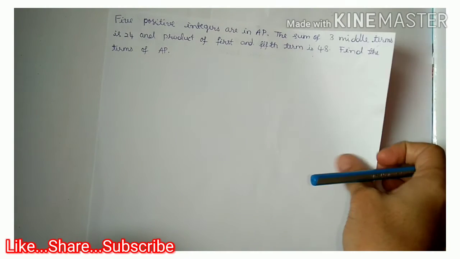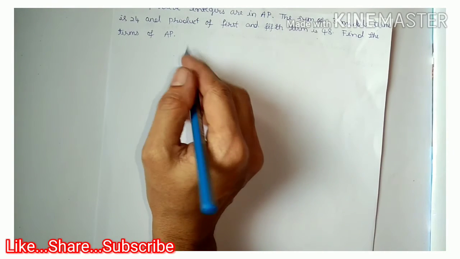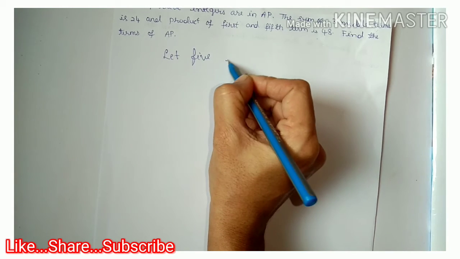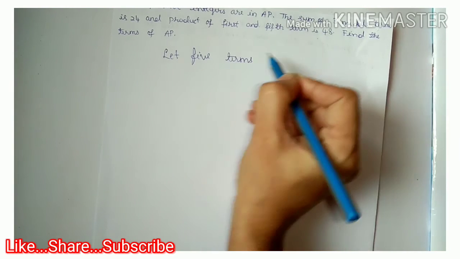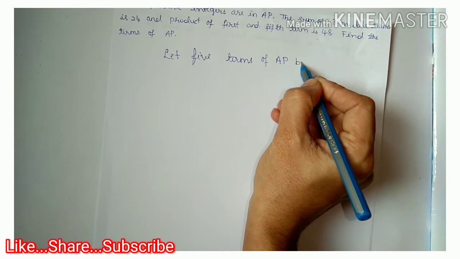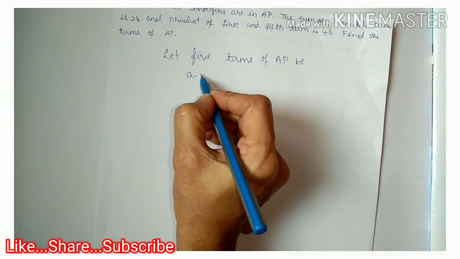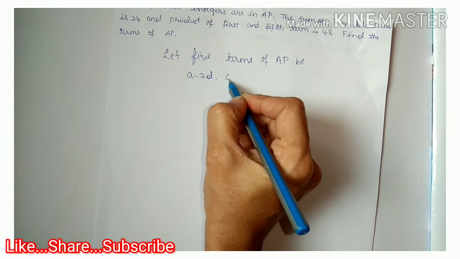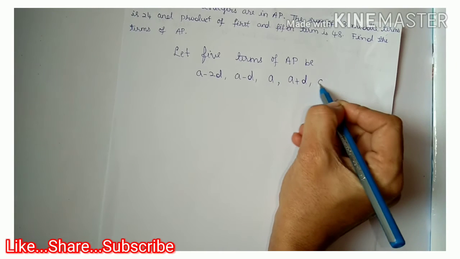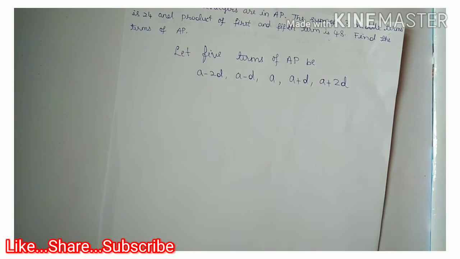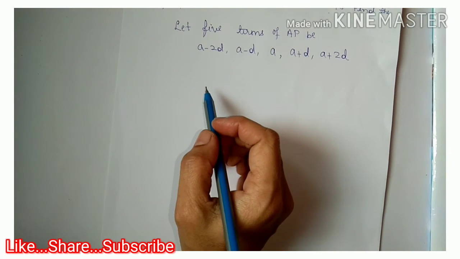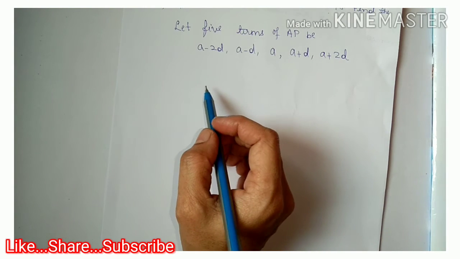Here let the 5 terms of AP be A minus 2D, A minus D, A, A plus D, A plus 2D.